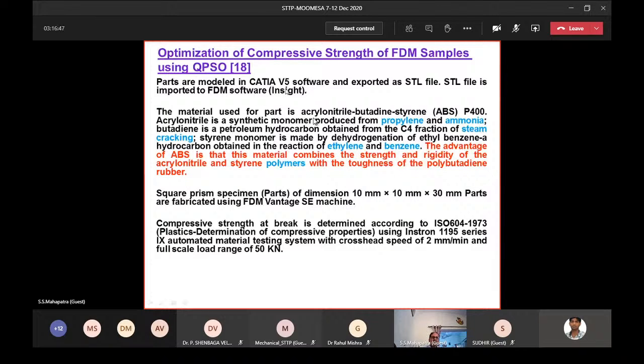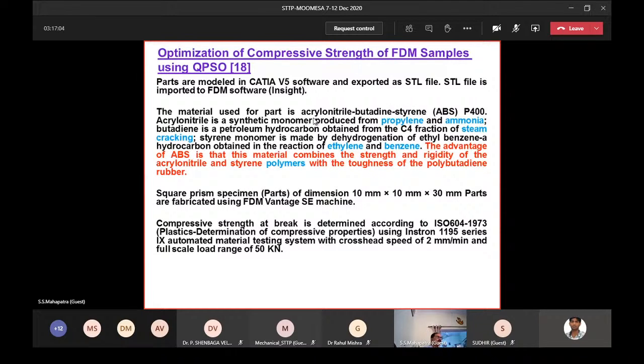That is the Prodigy 400 machine from Stratasys. The machine has its own software that is known as the Insight software. What the software does is it slices down the solid model.